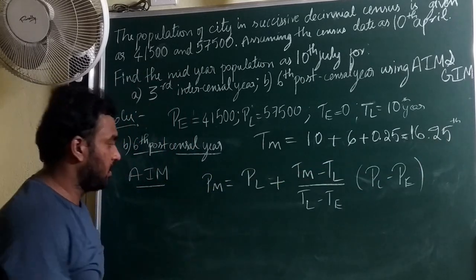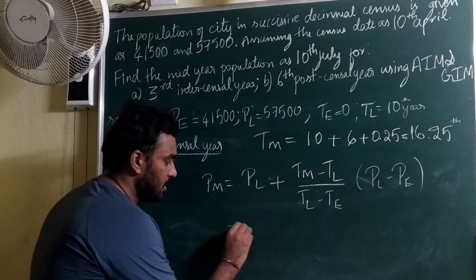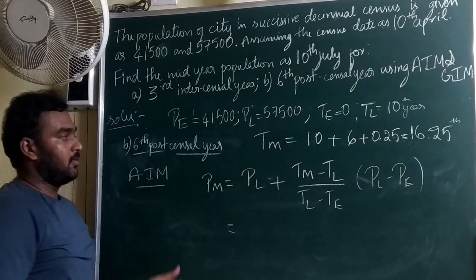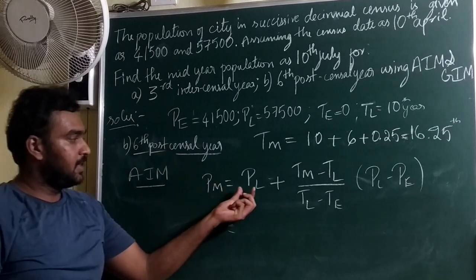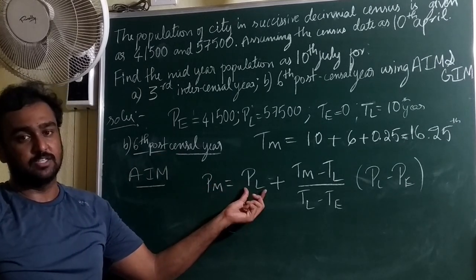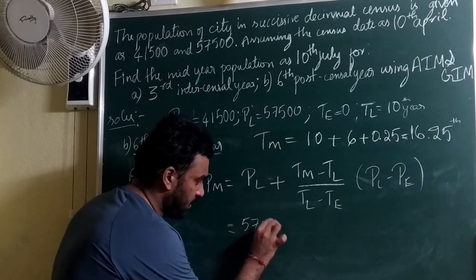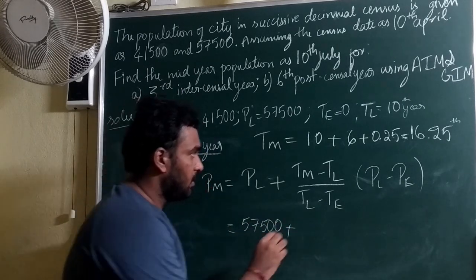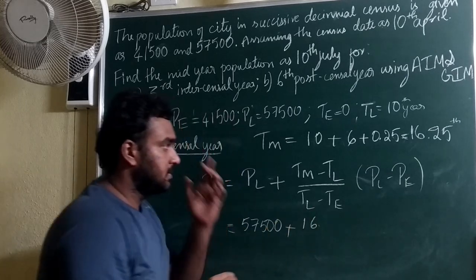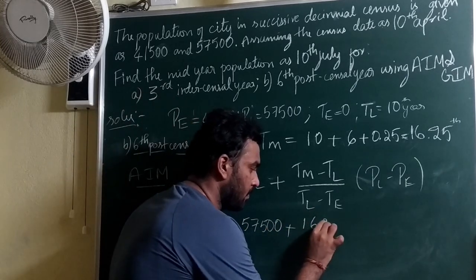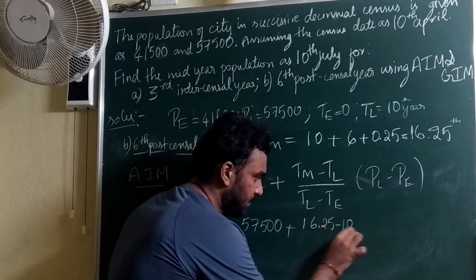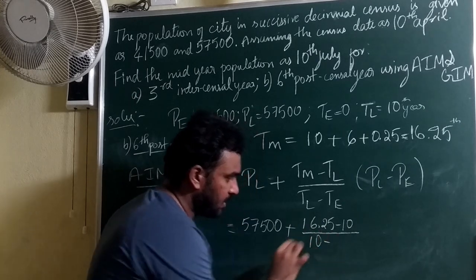Let us substitute here, then let us see what we will get. While considering the post-censal, here it will be PL, that is the last known population record. PL will be 57,500. TM is 16.25 minus 10, TL is 10.